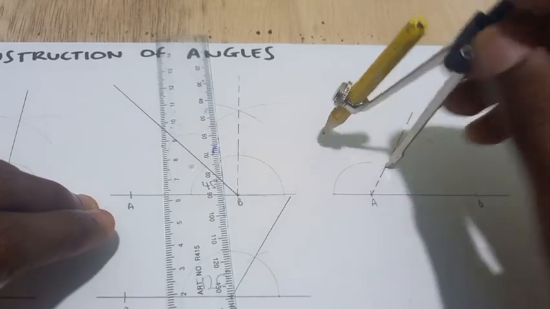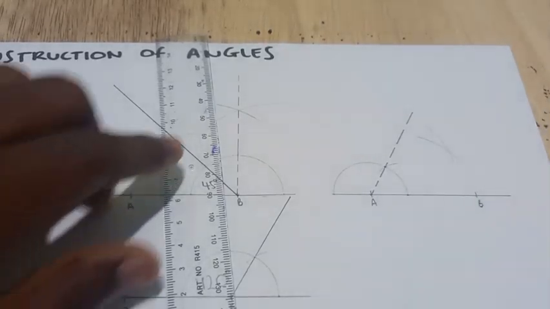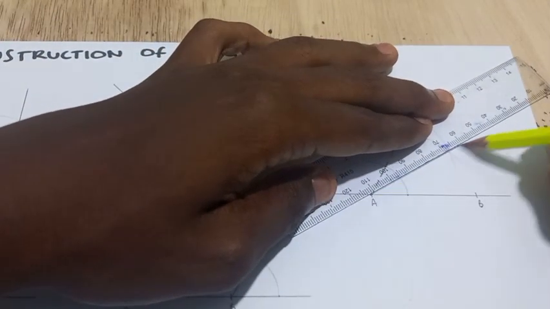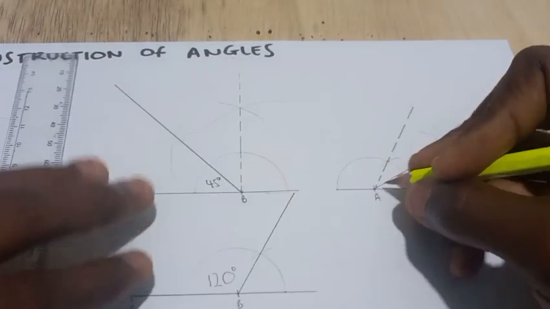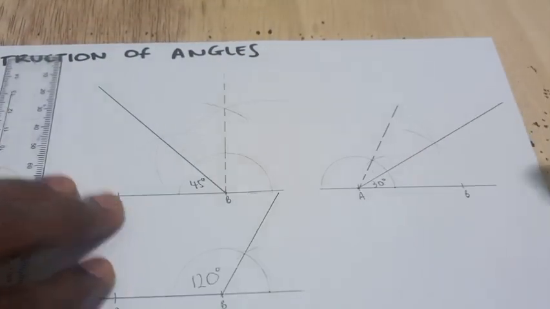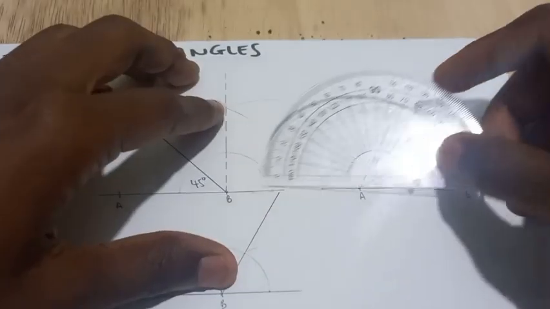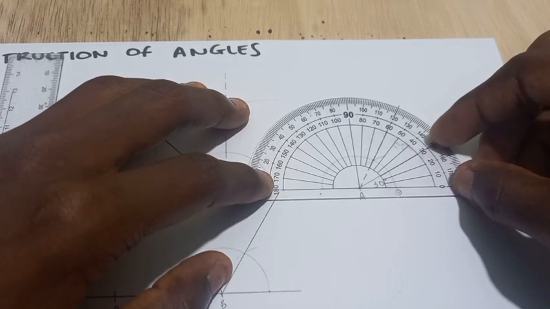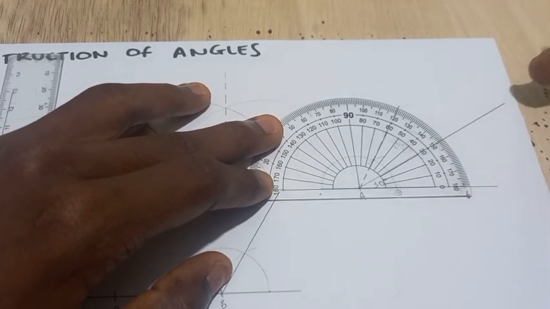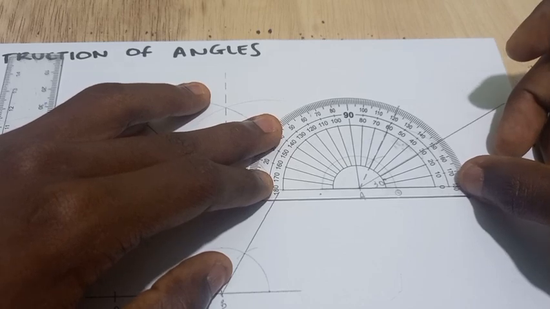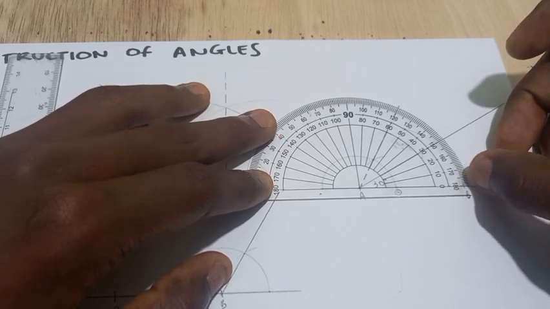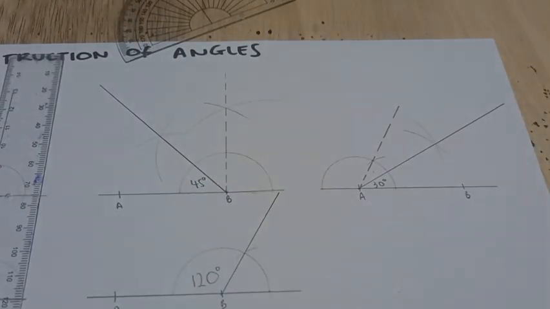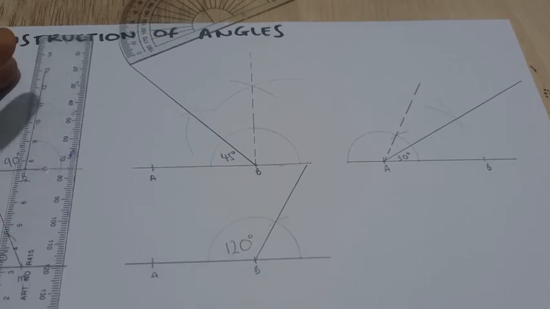We stand on this intersection, we arc. Where these 2 arcs meet, we draw a straight line, we measure. This angle will definitely give us 30 degrees. Let's measure. So, 0, exactly 30. Exactly 30 degrees.